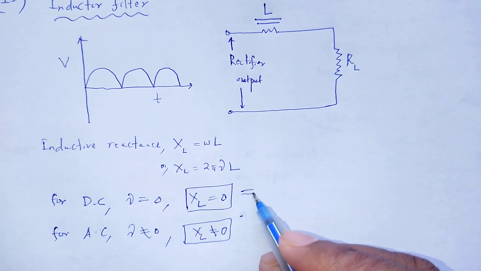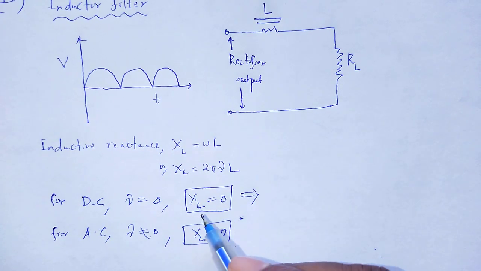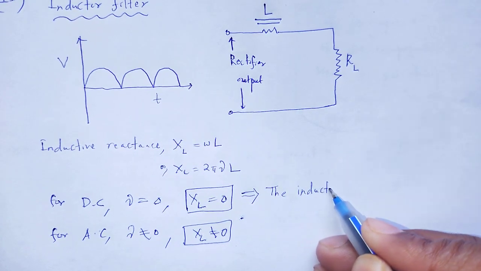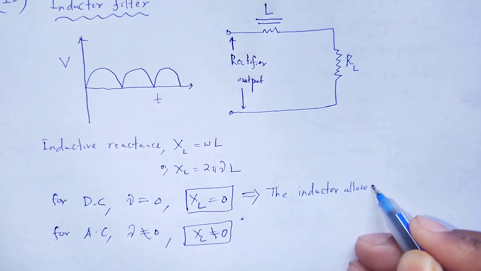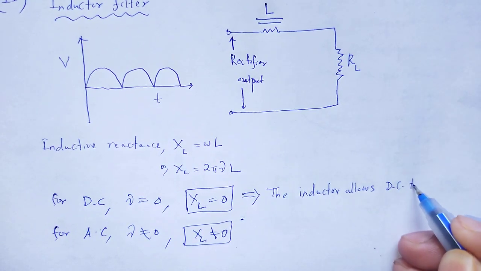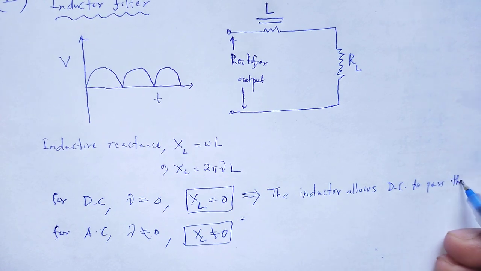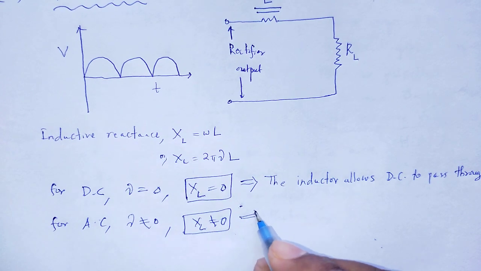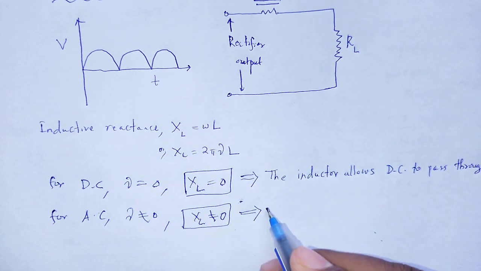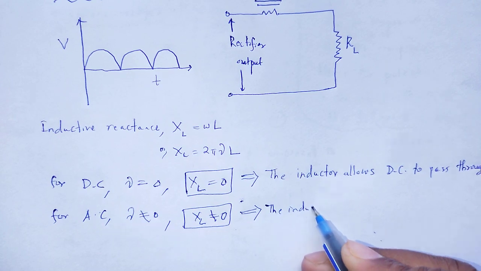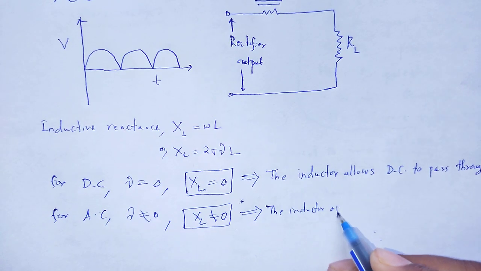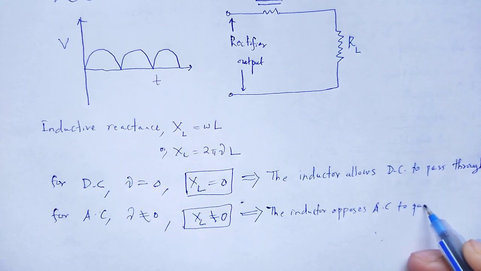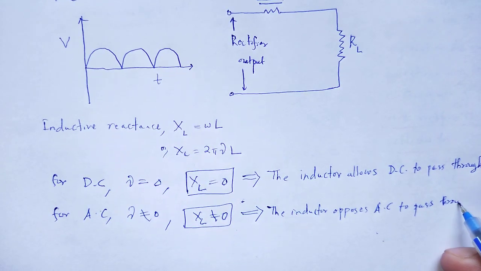What exactly does it indicate? In case of DC, the inductor allows DC to pass through it. Again in case of AC, the inductor opposes AC from passing through it.